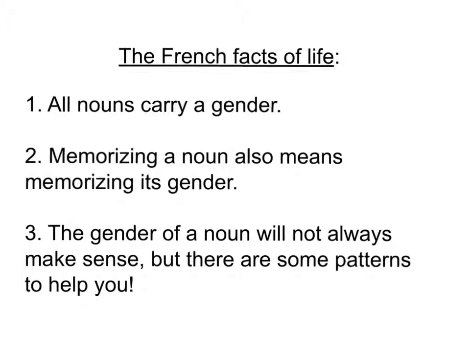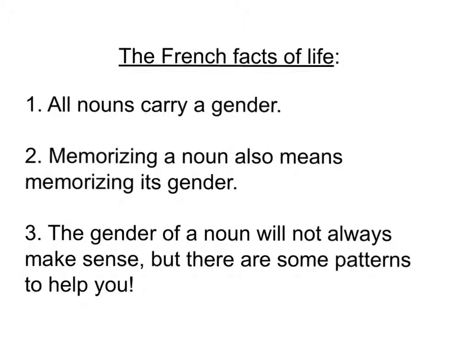So number one, all nouns carry a gender. All nouns are either masculine or feminine. Number two, memorizing a noun also means memorizing its gender. If you can spell the word, that's fantastic, but if you don't know whether that word is masculine or feminine, then it's not going to help you much.